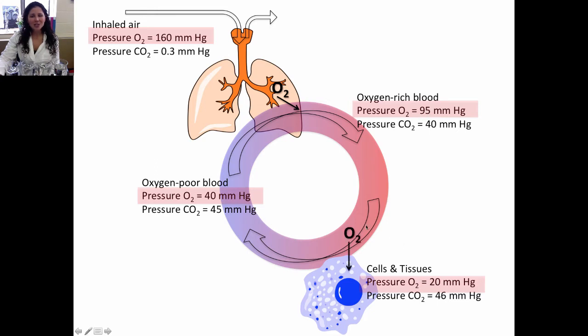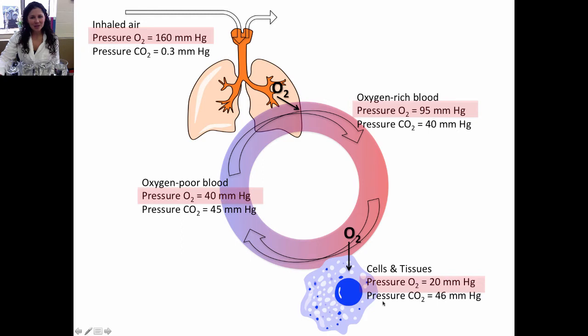Because of this, oxygen will move out of the bloodstream through vascular membranes and into cells and tissues. The cells will end up using that oxygen content and producing carbon dioxide. When oxygen moves out of the blood, the pressure of oxygen drops from 95 back to 40, and this cycle happens over and over again.